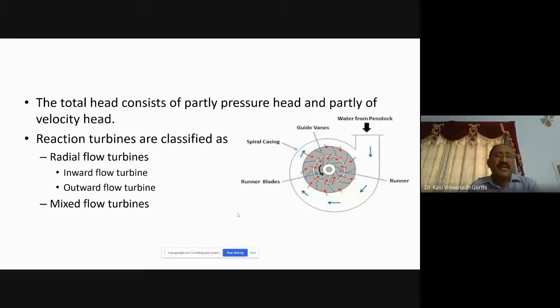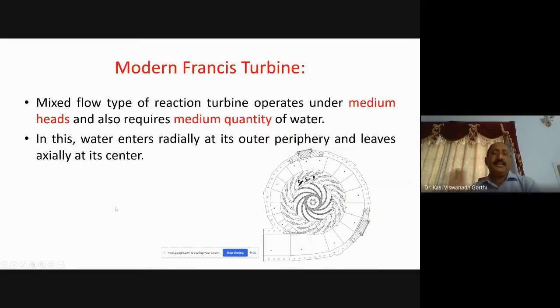Reaction turbines are classified as radial flow turbines, inward flow, outward flow, and mixed flow turbines. And we are looking at the modern Francis turbine, which belongs to the class of mixed flow turbines. Modern Francis turbine is one example of the reaction turbine. We have seen the difference between impulse and reaction turbines.